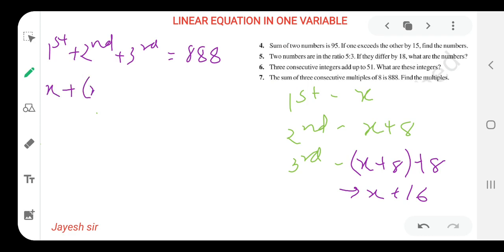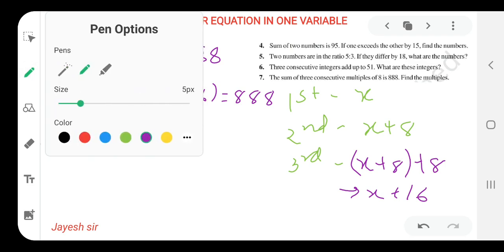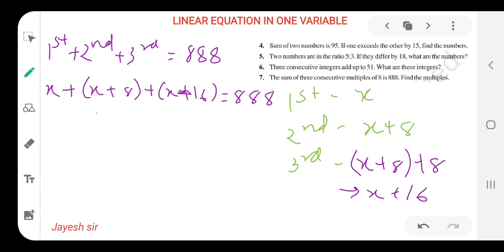This is x, this is x plus 8, and this is x plus 16. Now we add and solve our equation. This is 3x plus 24 equals 888.